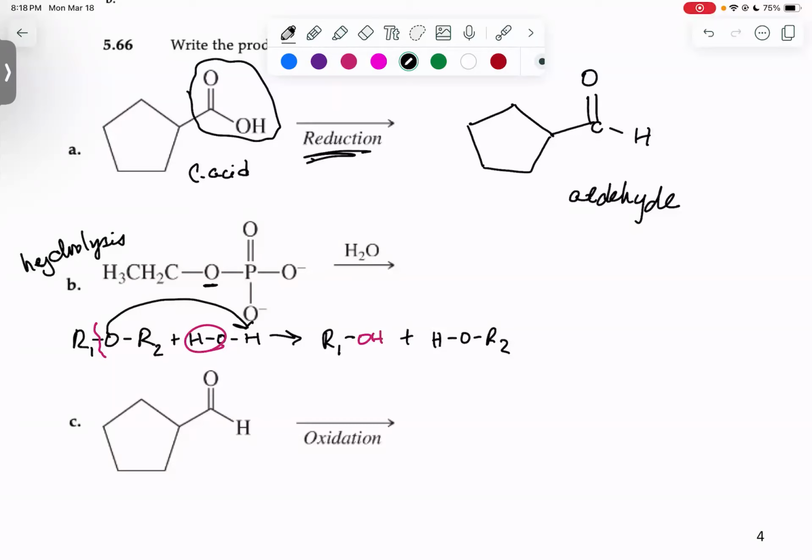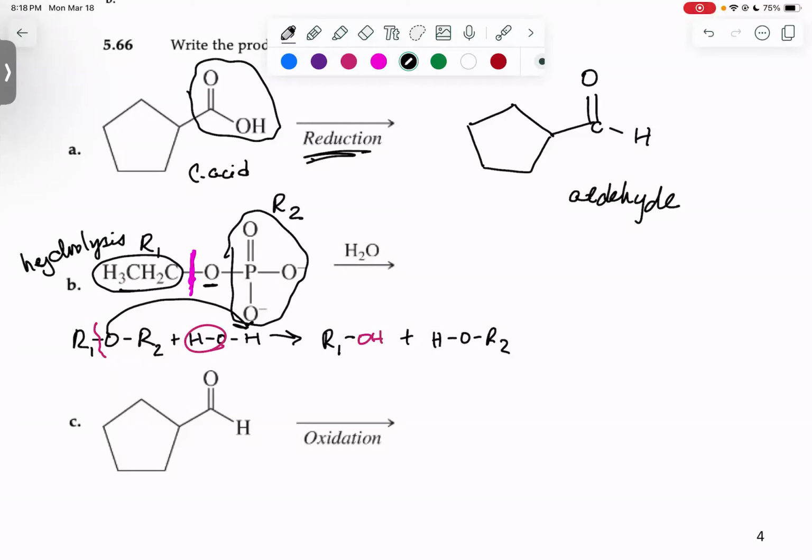So what we're going to do is break the water and break our molecule. All right. So which side are we going to break it on? It doesn't really matter. So I'm going to break it right here. All right. So my R1 is here, then this is R2.